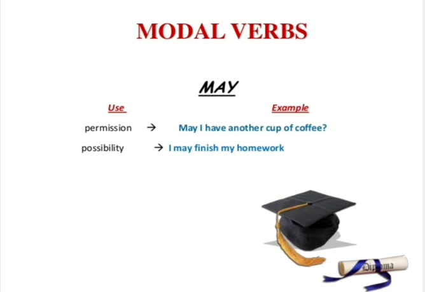Possibility: I may finish my homework. It may rain. So while we look at the clouds and we find that there is possibility, we can use may in that case, that it may rain today.